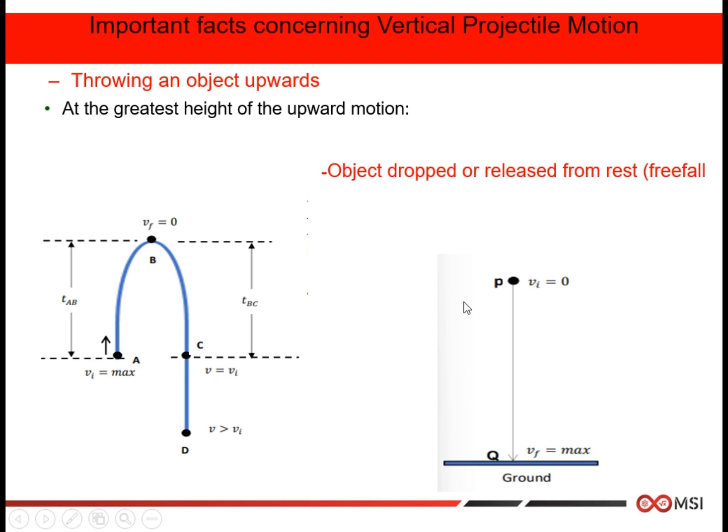When something falls from an object that is already in motion, the velocity of the moving object is taken into consideration as the initial velocity of the object that will be falling down. You're going to go through different types of questions with all those different scenarios, but I just wanted us to know the facts pertaining to vertical projectile motion.